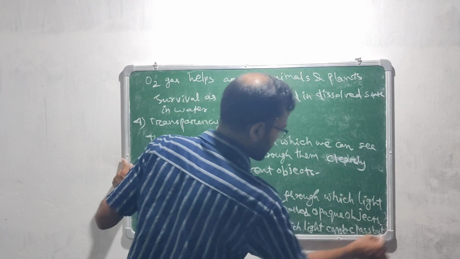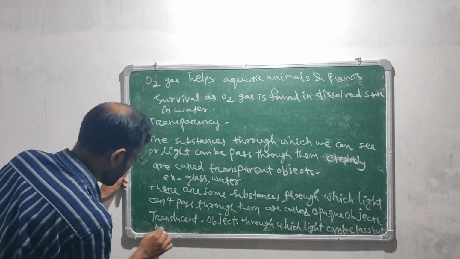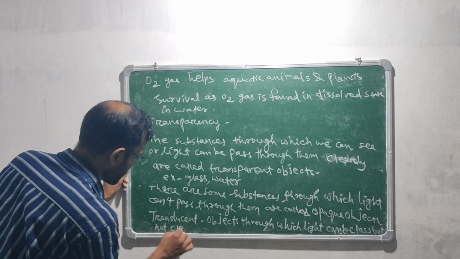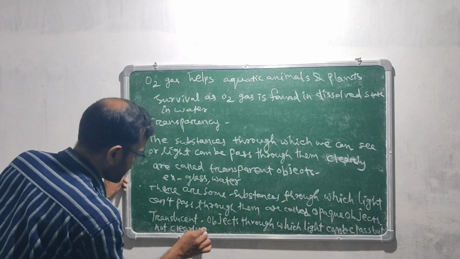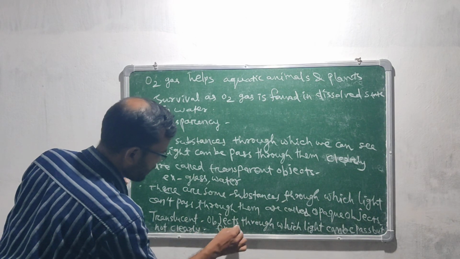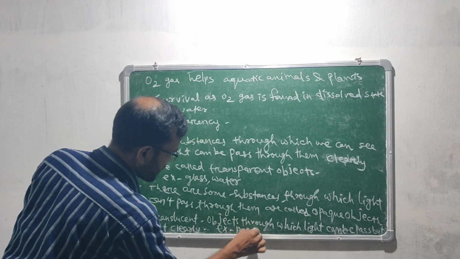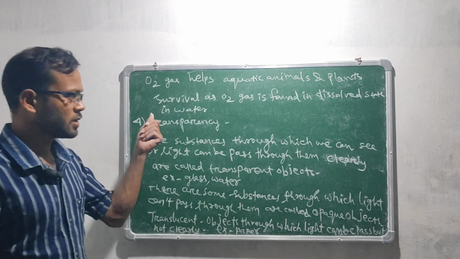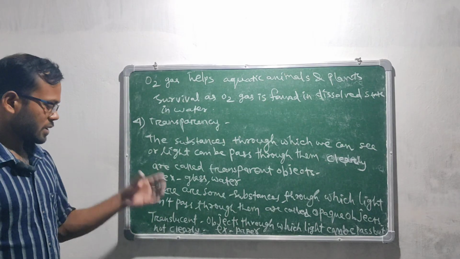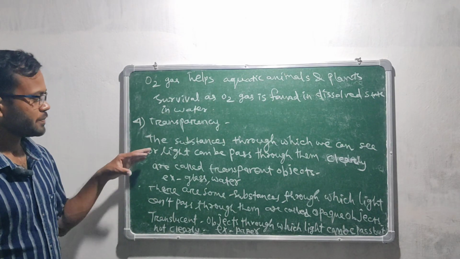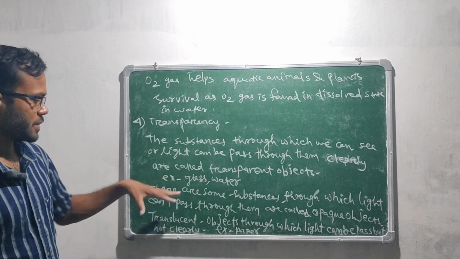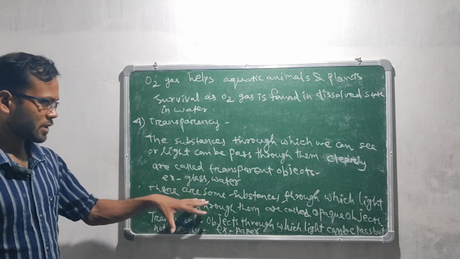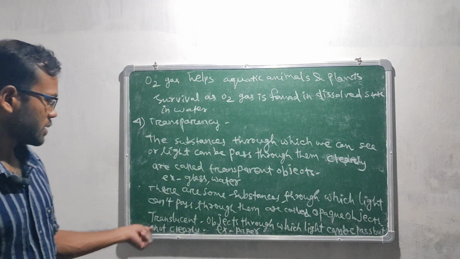For example, you can say paper. Okay, these are the examples of the transparent object, the opaque object, and the translucent object.